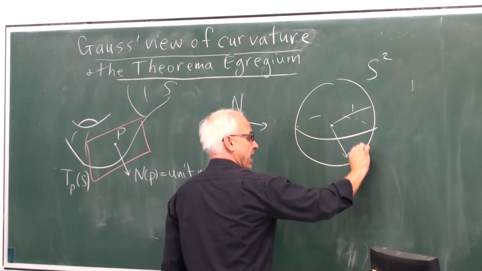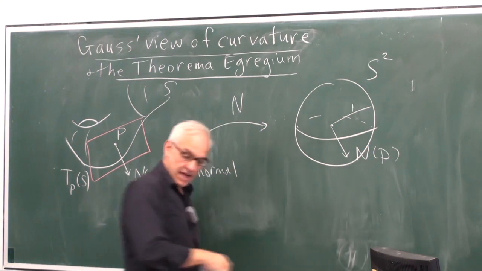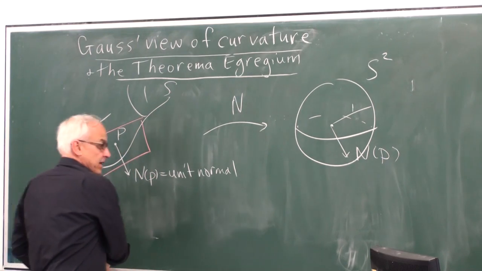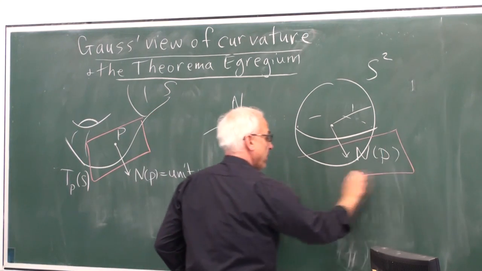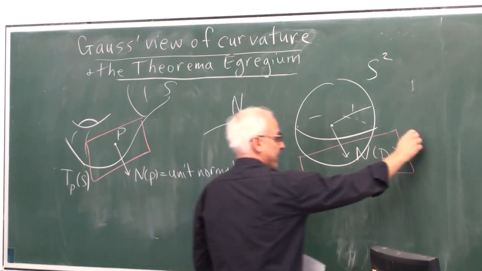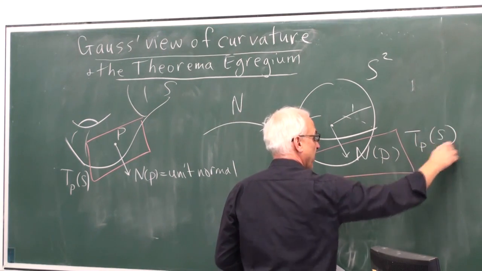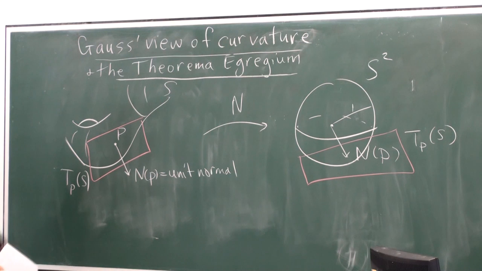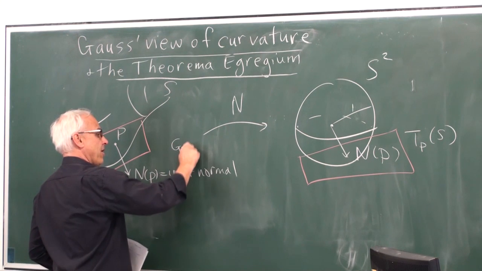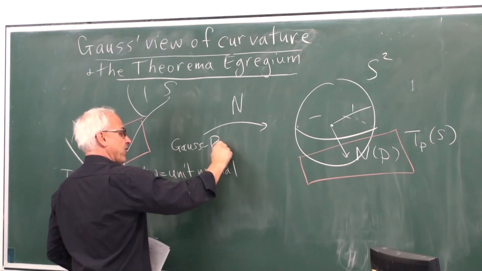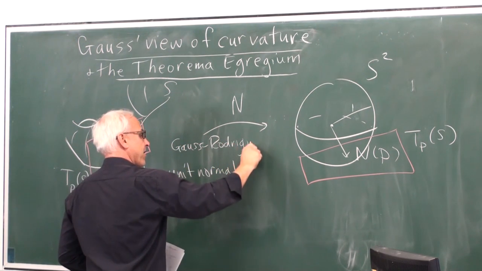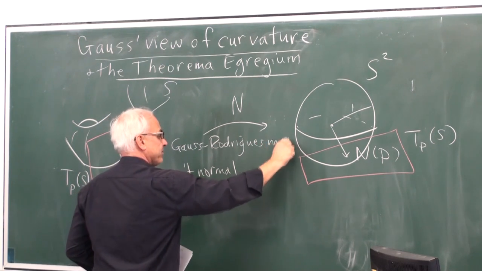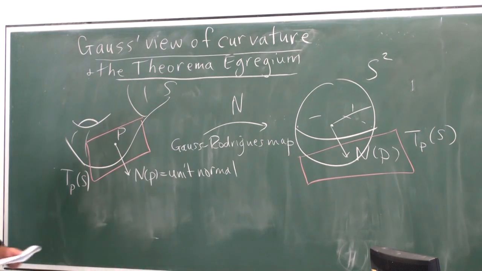So here's that same n of P. And the tangent plane here is really the same direction, the tangent plane to S2 at n of P. This is the Gauss-Rodrigues map.